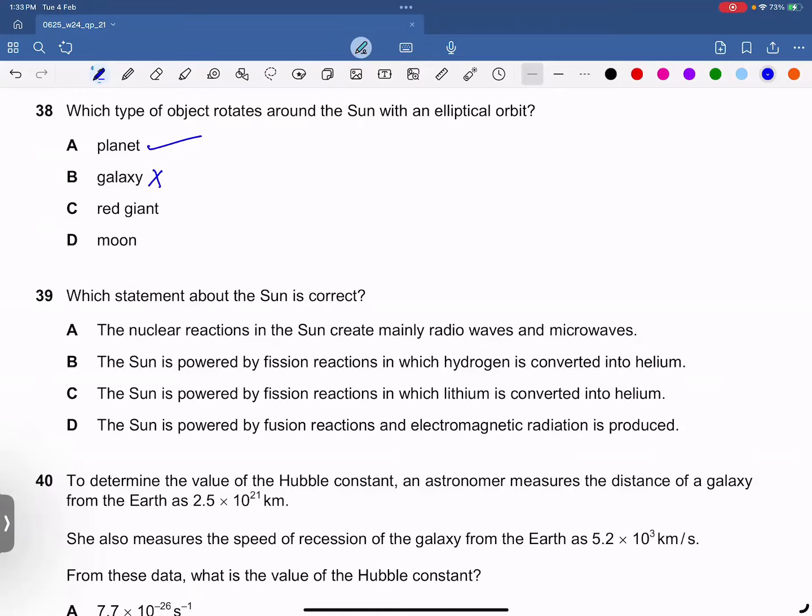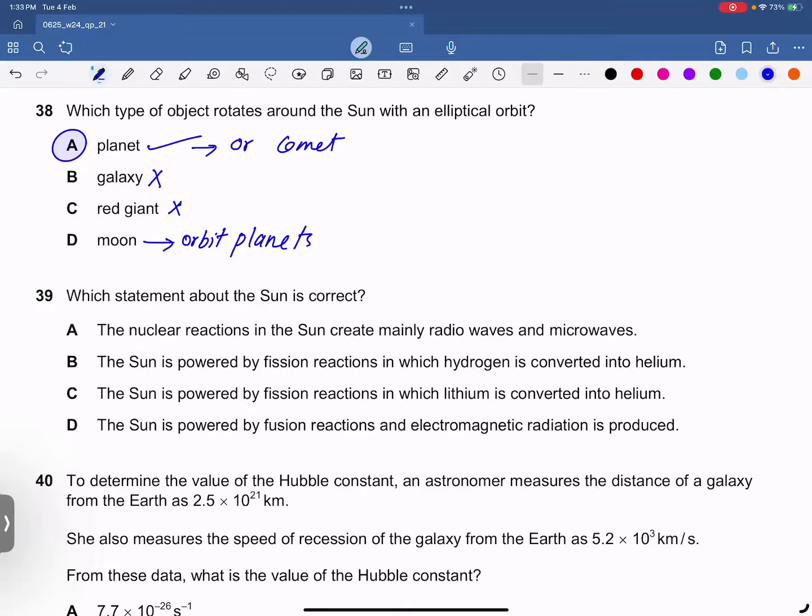Red giant is a dead stage of a sun. No. Moons orbit planets. So the option is A. If there is no option of planet, it could be a comet as well. So the option is A.